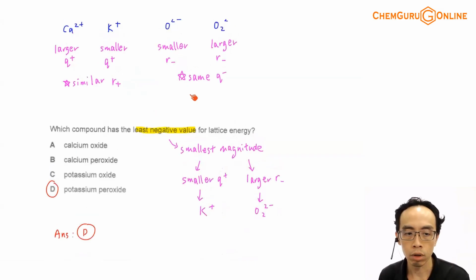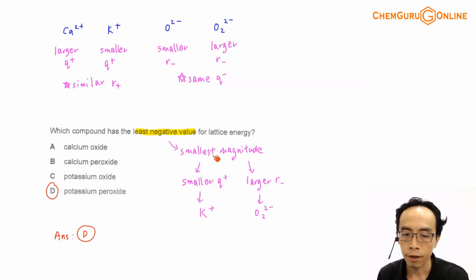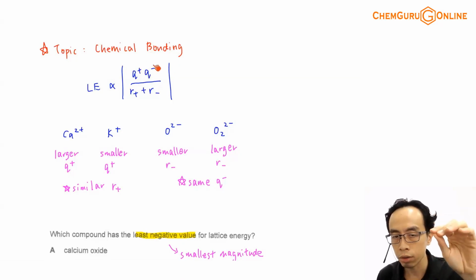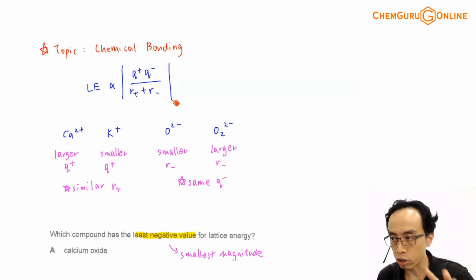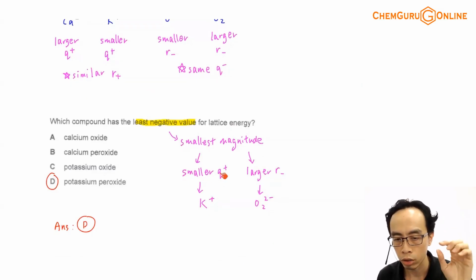The question is asking for which compound has the least negative value for lattice energy, so the magnitude is supposed to be the smallest. If I want the magnitude to be the smallest, I want the numerator to be as small as possible and the denominator as large as possible. So I want a small Q plus.